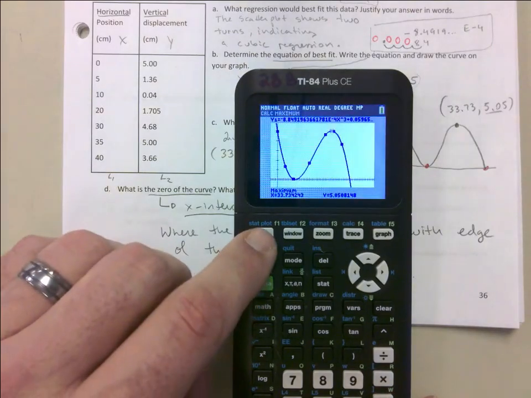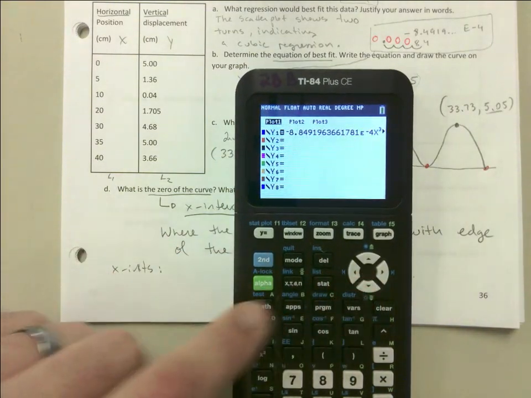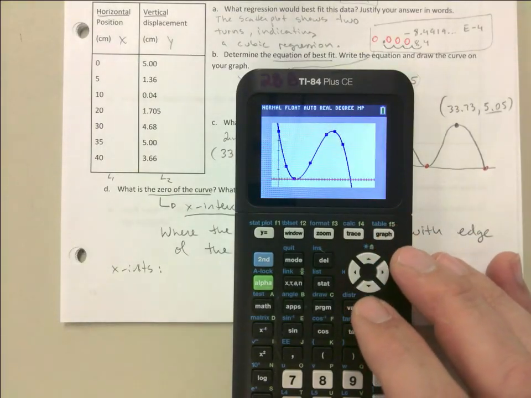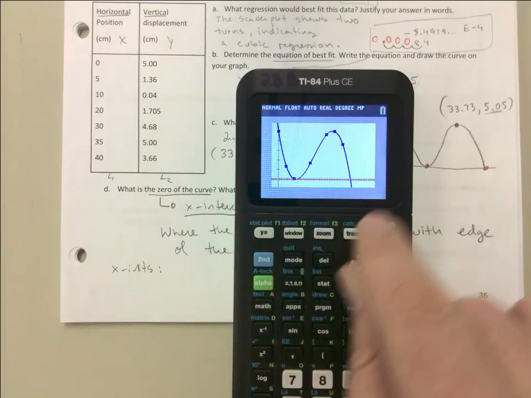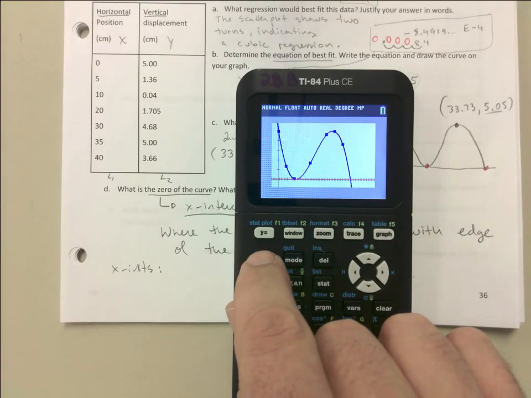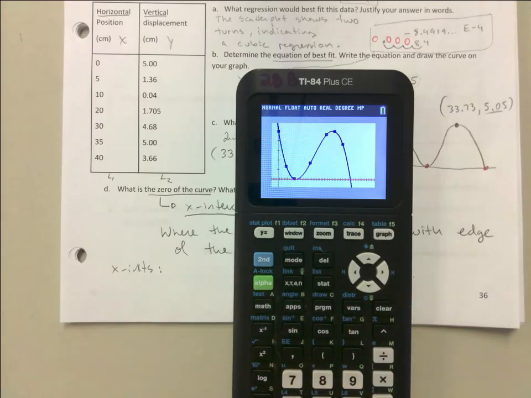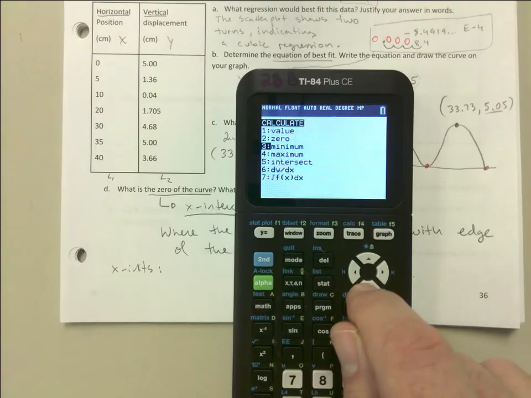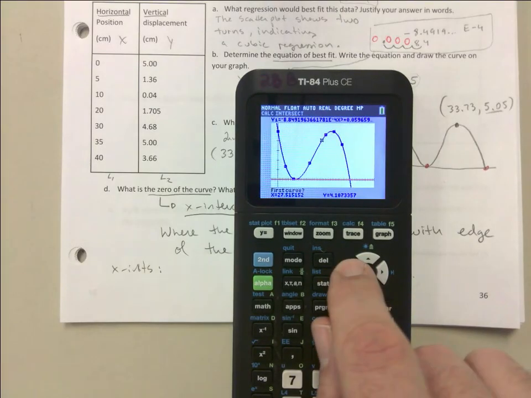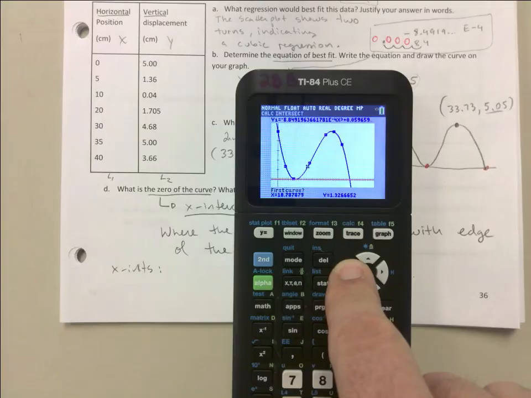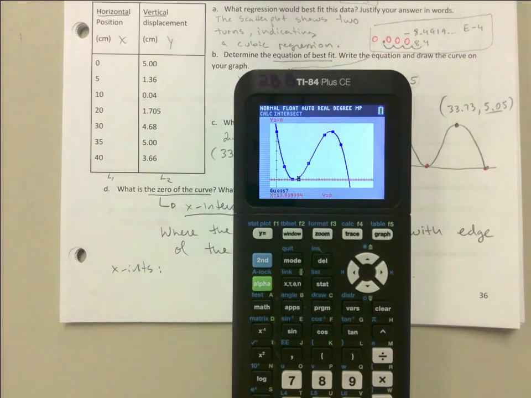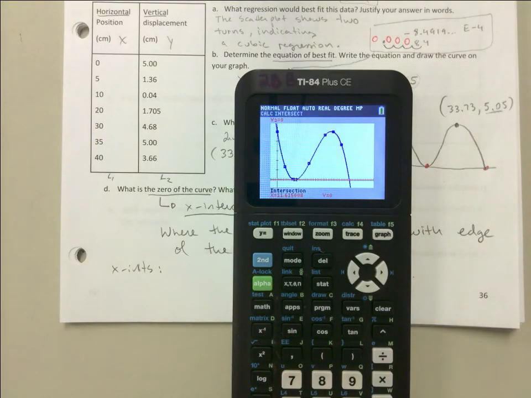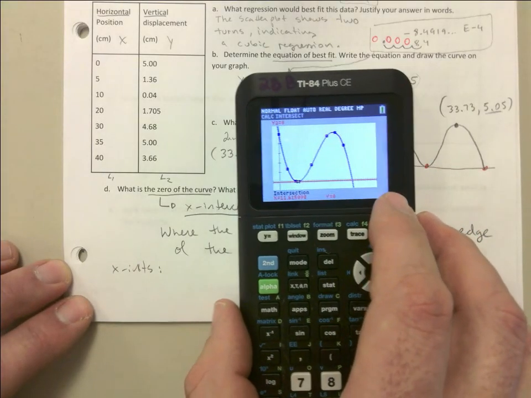You let y2 equal to 0, and you hit graph. You should see that, right? And I feel like you might run into a problem here with it not finding it. Second trace intersect. Let's find that first intersection here. Enter, enter, enter. Oh, it did find it. So it's 11.62.